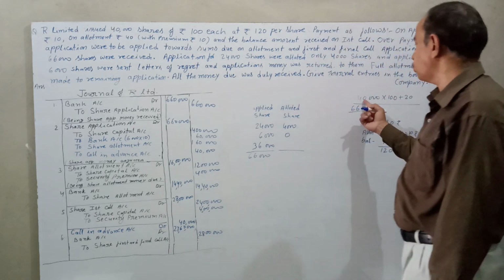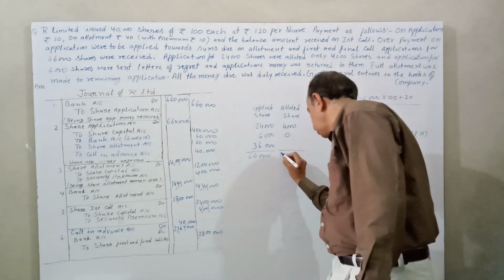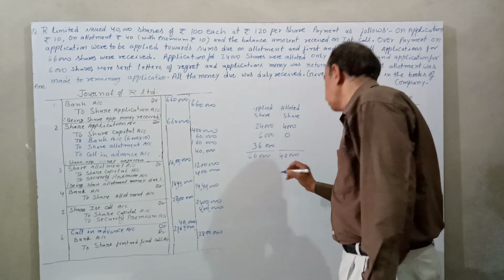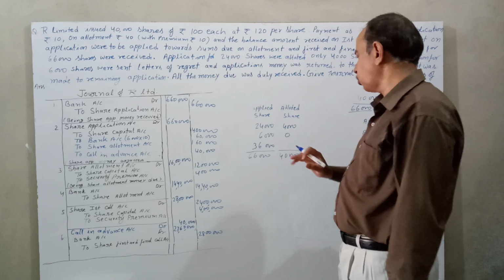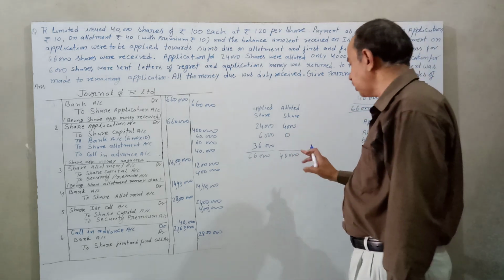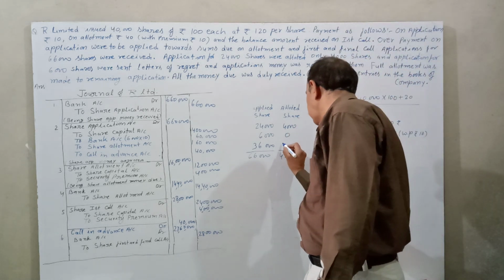How many shares were issued by the company? 40,000. Out of 40,000, 4,000 is allotted by the company and the remaining is 36,000.